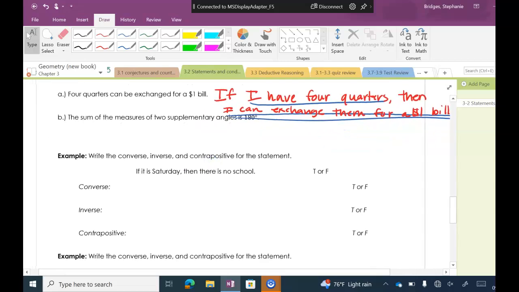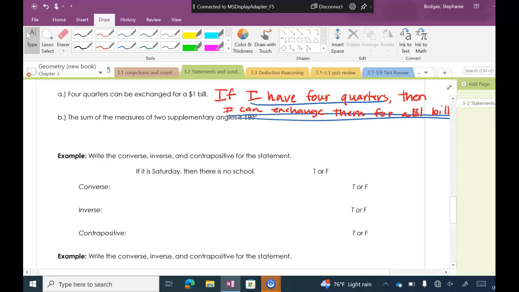Now the next one says the sum of the measures of 2 supplementary angles is 180 degrees. This is one where it would make more sense if we think about it a little bit backwards. What does it say about the angles that they have to be? Supplementary, right?